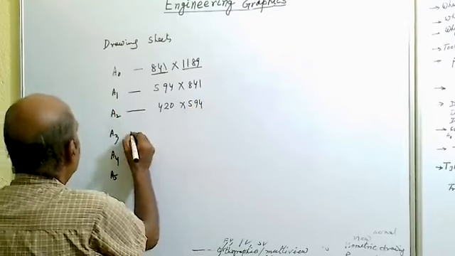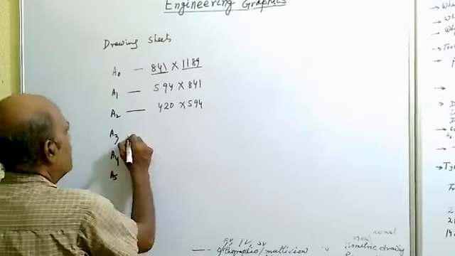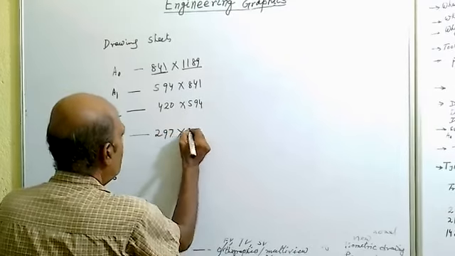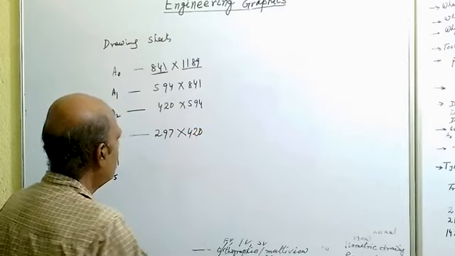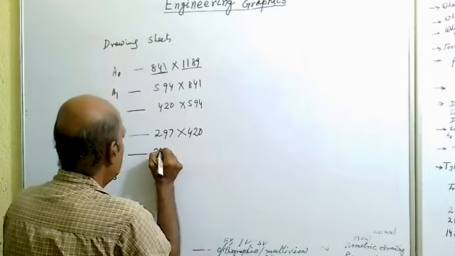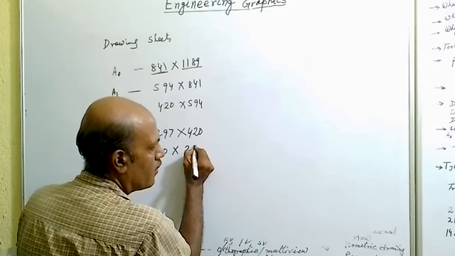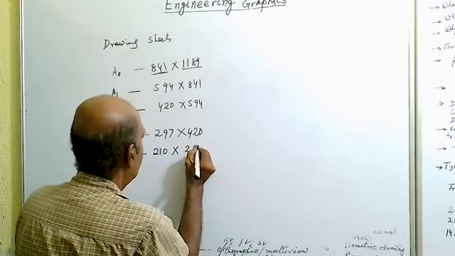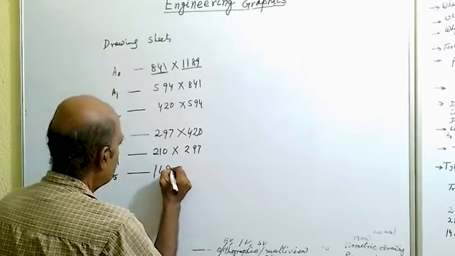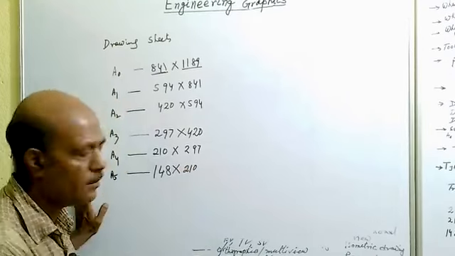The next size, A3, is 297 into 420 millimeter, and A4 size is 210 into 297, and A5 size is 148 into 210. All the dimensions are in millimeter.